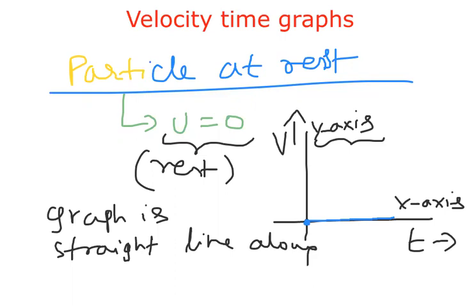We can call it the particle is said to be at rest. So this is the information for the particle at rest condition for the velocity time graph.